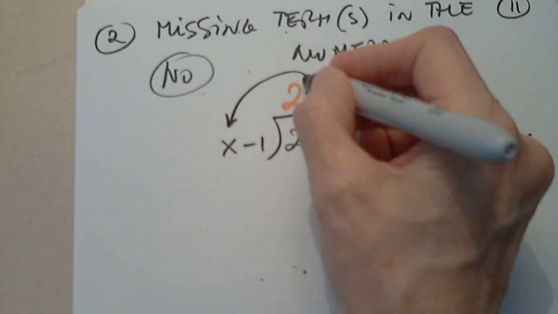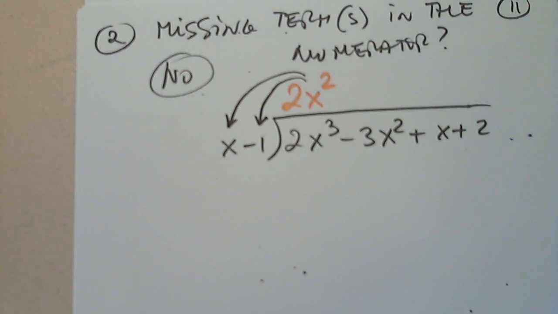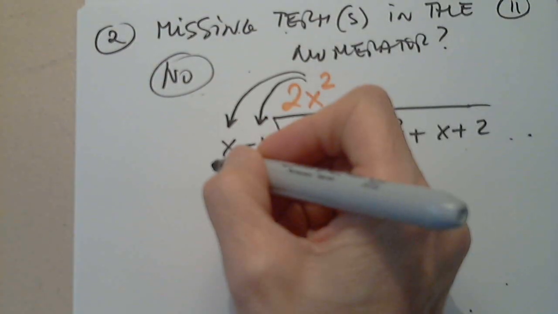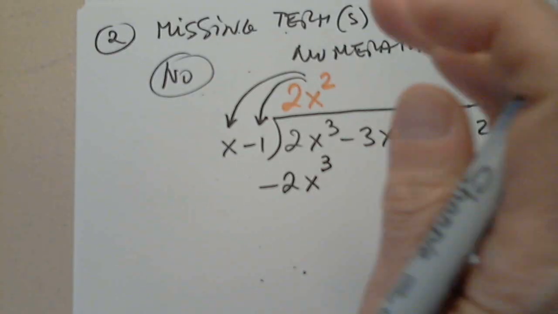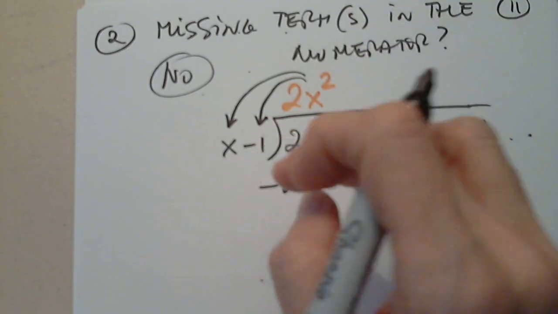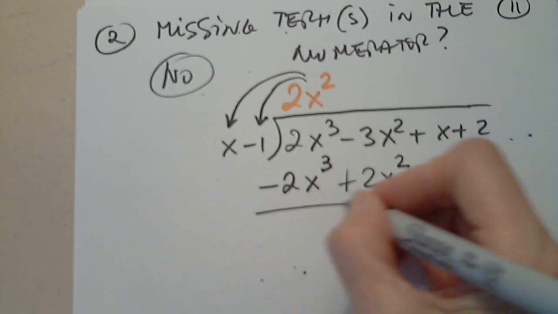We distribute to both terms. Change the sign because we subtract. 2x squared times x is 2x cubed, but I have to subtract. 2x squared times negative 1 is negative 2x squared, but I have to subtract.